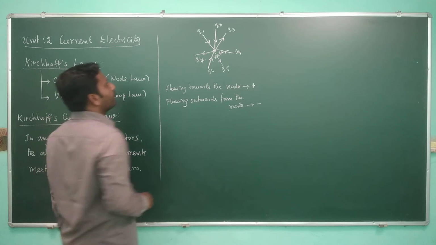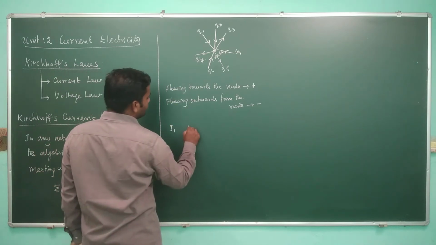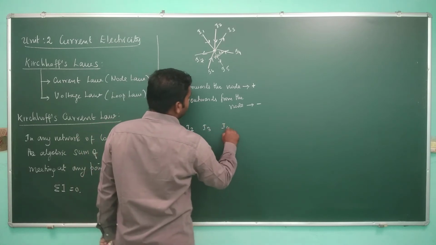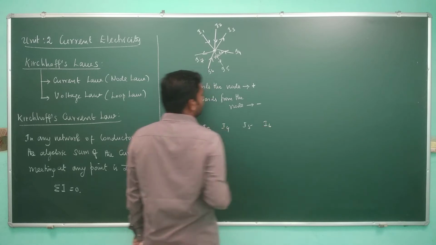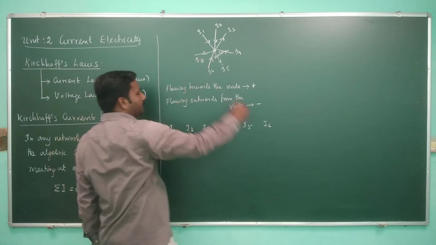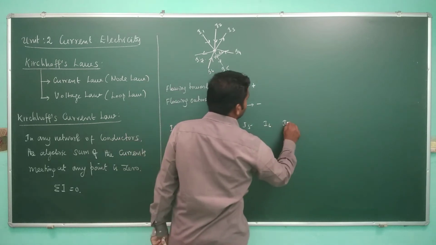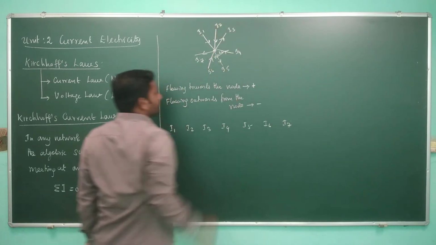Here, what are the currents? I1, I2, I3, I4, I5, I6, and I7 also. 1, 2, 3, 4, 5, 6, 7.